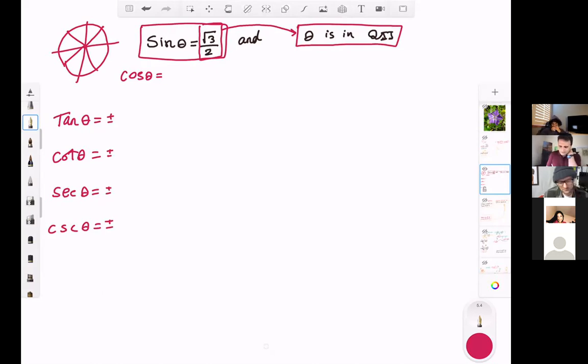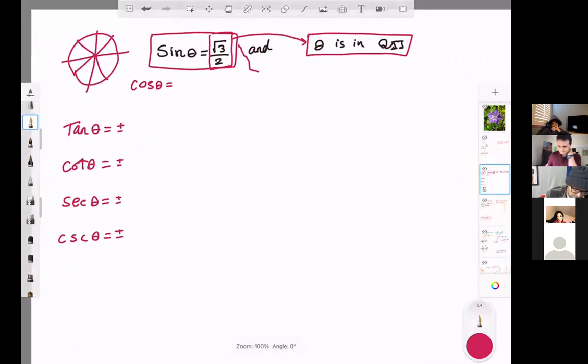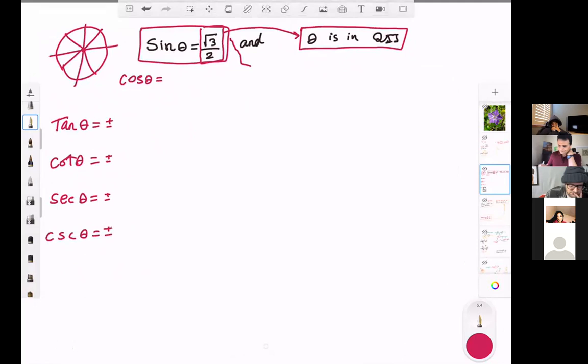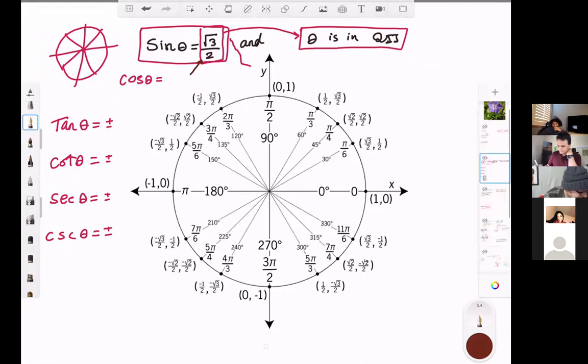When you look at sine theta, it is radical 3/2, correct? On the unit circle, do we have radical 3/2? Yeah, radical 3/2 should ring a bell, because on the unit circle we have radical 3/2.